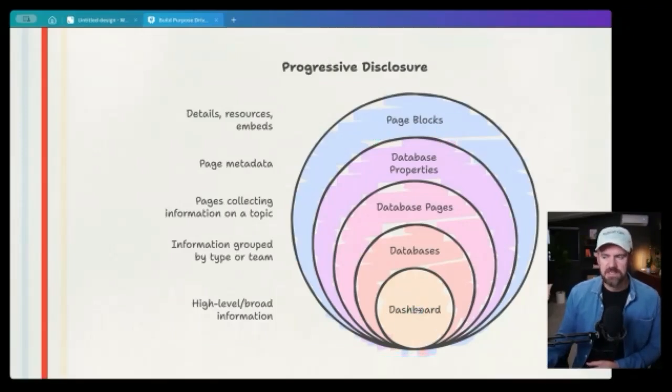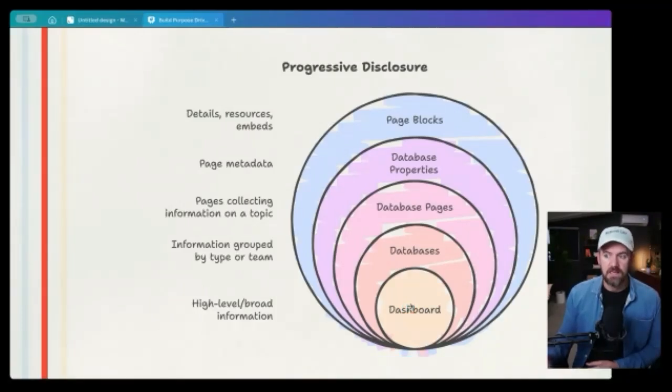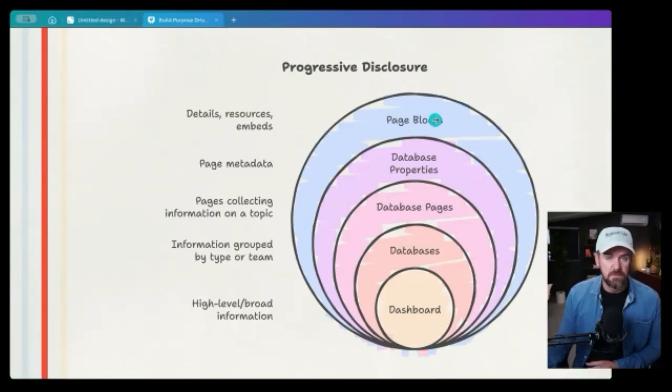It could seem more convenient or efficient to just drop all the stuff into the dashboard, but it's usually about thinking through, okay, how do we link to specific pieces of information so that we can jump straight into that section? And in some cases, jump straight from a dashboard to a specific page block if it's a very important block. But as much as possible, try to keep this overarching system for how we're controlling information, if that makes sense.